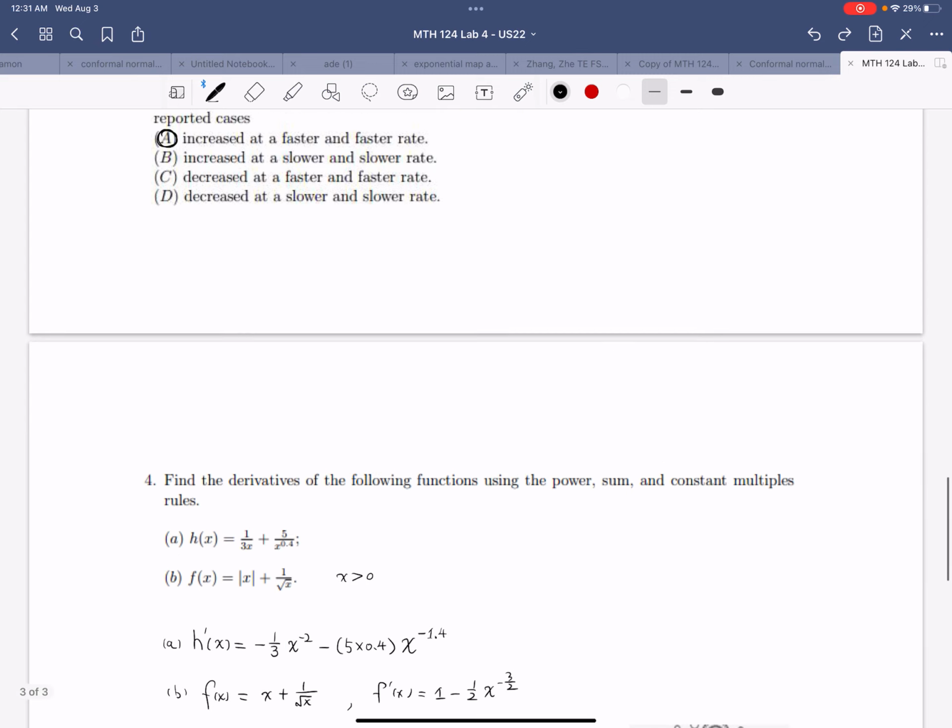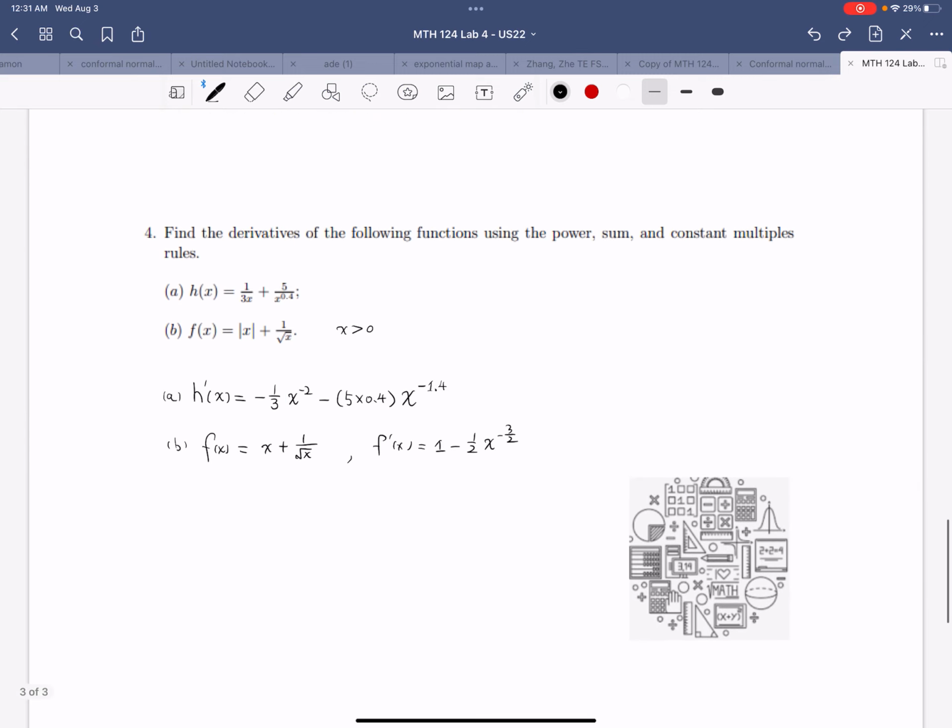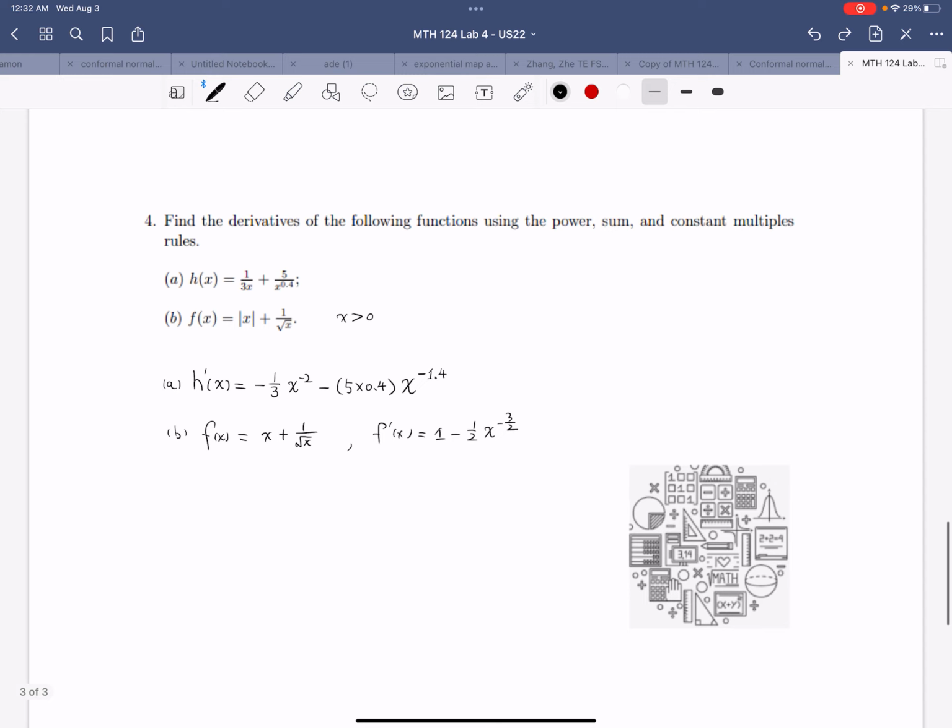Then question 4. Question 4 asks us to use the power, sum, and constant multiple rules to calculate derivatives. Let's look at the first one. To use the power rule, we write it as 1/3 x to the power -1 plus 5 times x to the power -0.4.